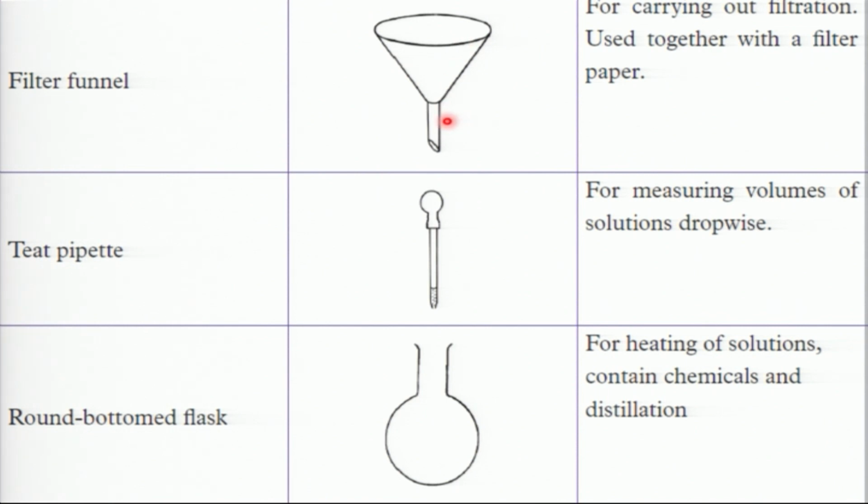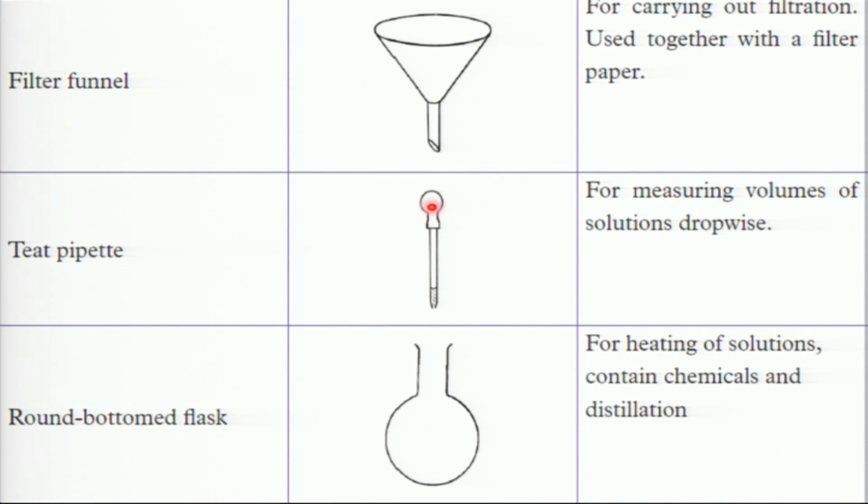All right? So we have a pipette. This one is used for measuring volumes of solution dropwise. So I want to pick a small amount of liquid. I pick it with a dropper or this pipette. I need to pour little by little, dropwise. I'm doing some reactions. I want to put in drop by drop. So you squeeze on top here. It is normally rubber on top here, and here you find there's glass sometimes.